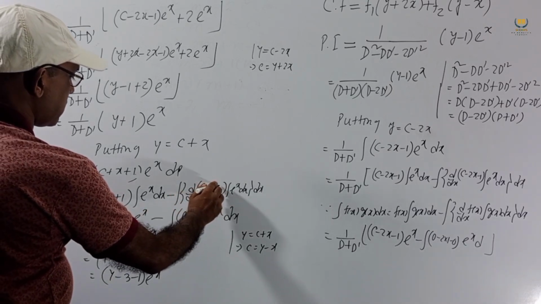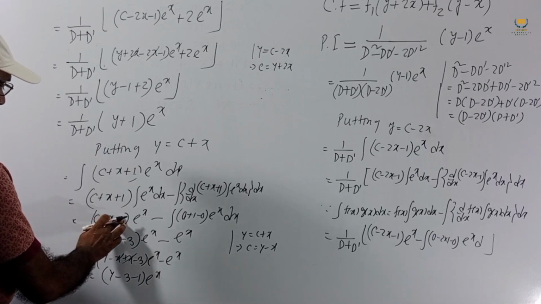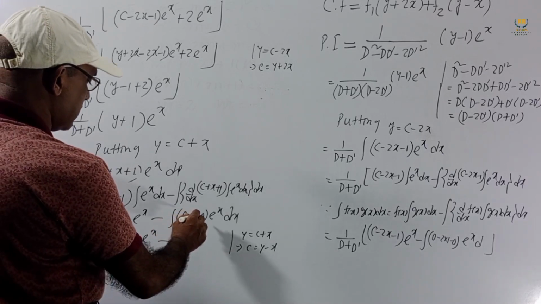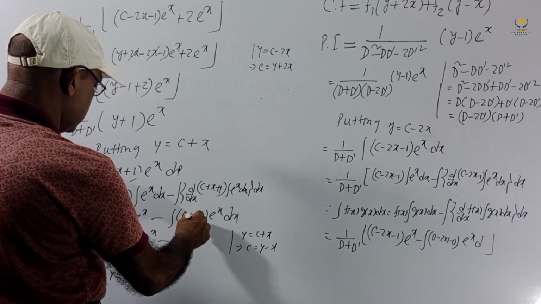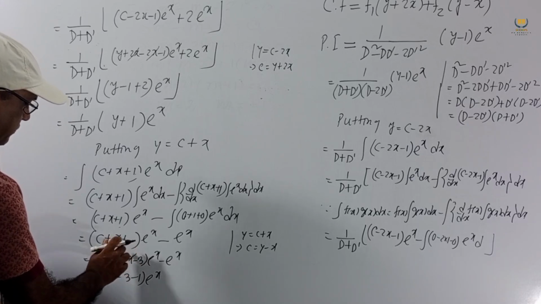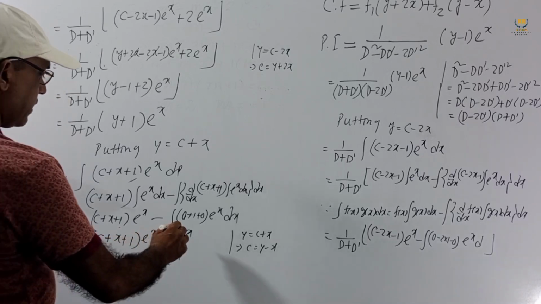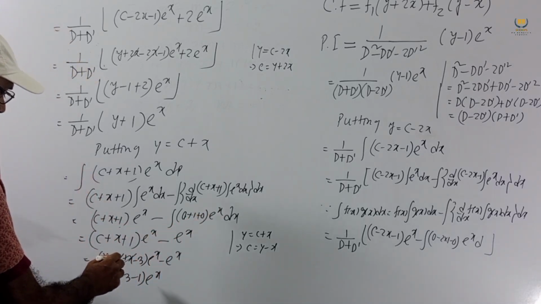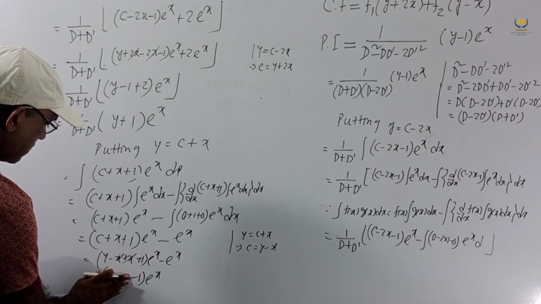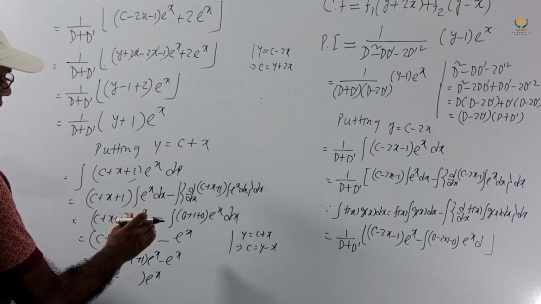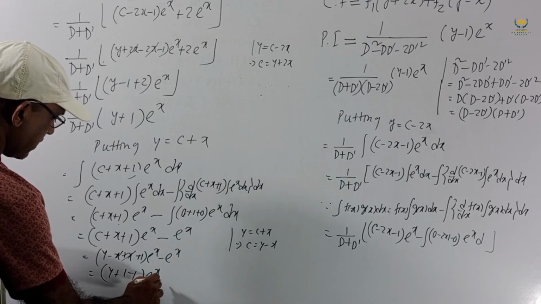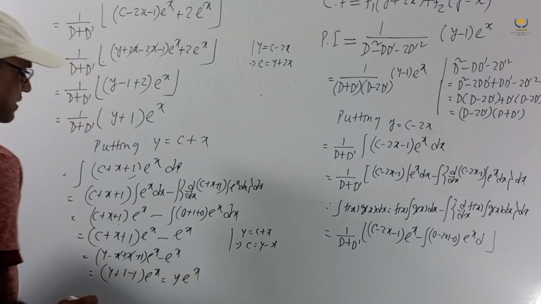This 1 plus 1, this is one mistake here, plus 1, and this is 0, and this one plus 1, this one, this is plus 1, plus 1 minus 1, then finally we get y e to the power x.